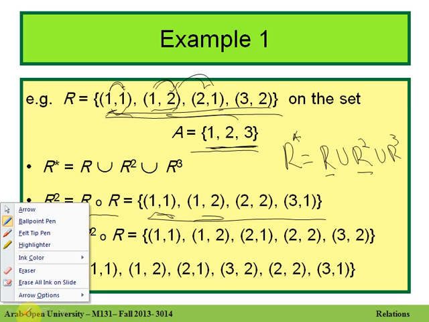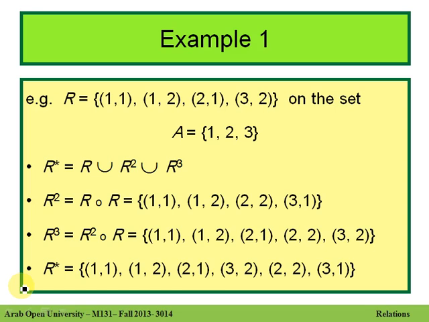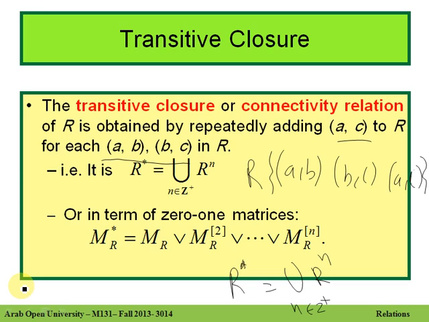Now what is the transitive property first? If there is (A, B), (B, C), then there should be (A, C). We are going to add the missing (A, C) for each (A, B) and (B, C).